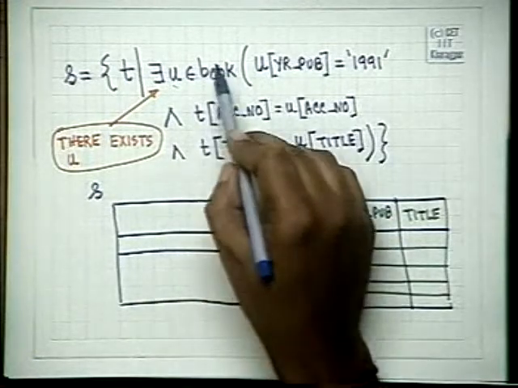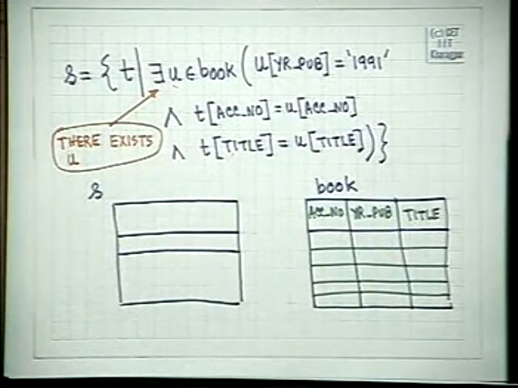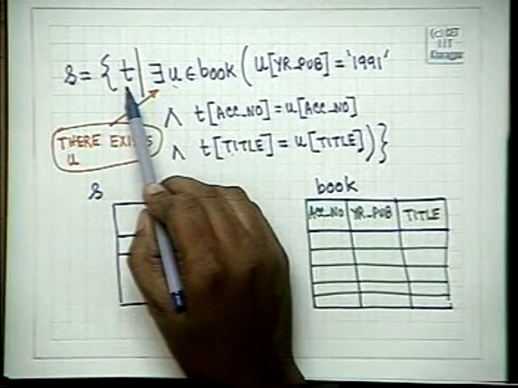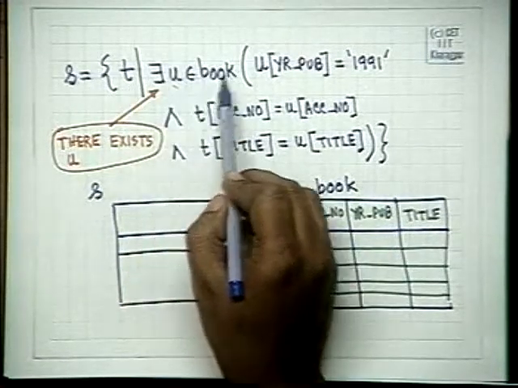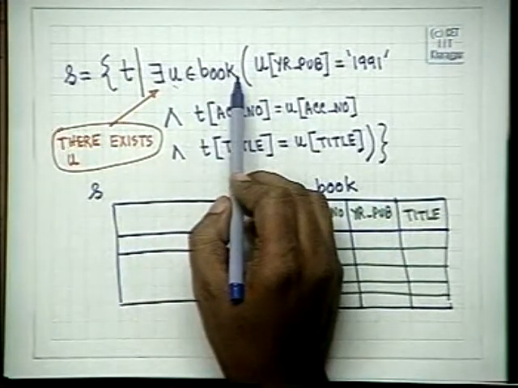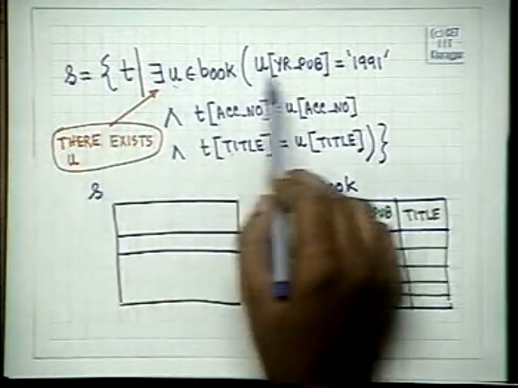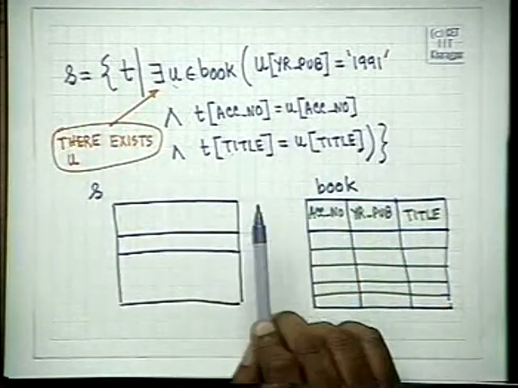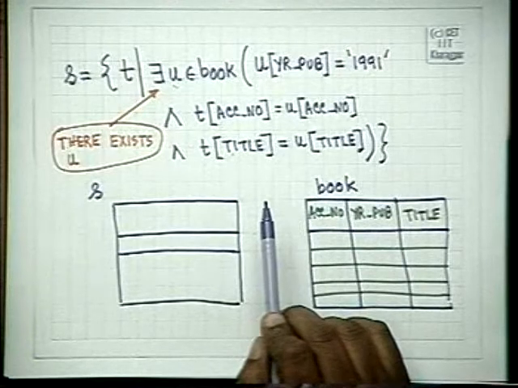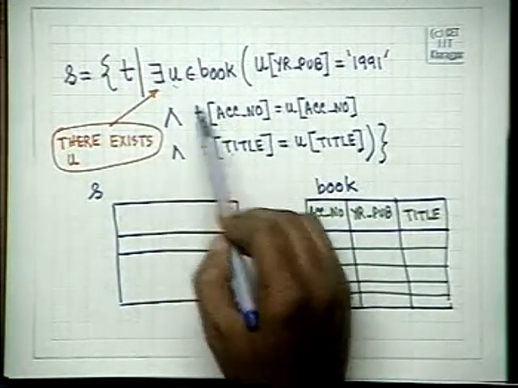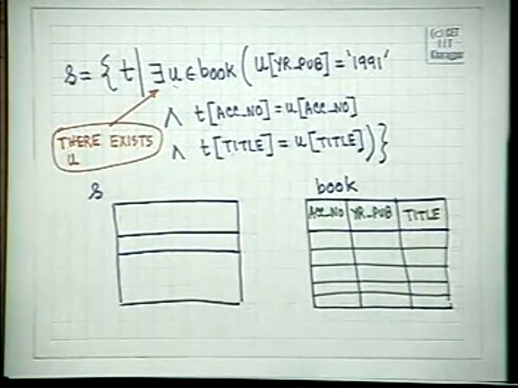So how will we derive the attributes of this? If we mention that T is an element of a particular relation, then all the attributes of that relation come up. But here we have not mentioned that T is an element of some relation.